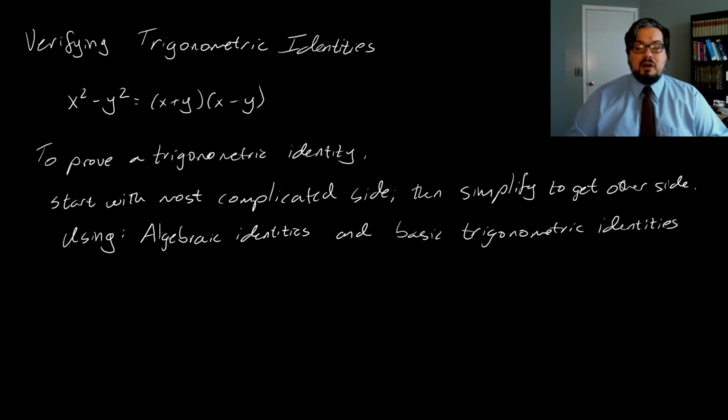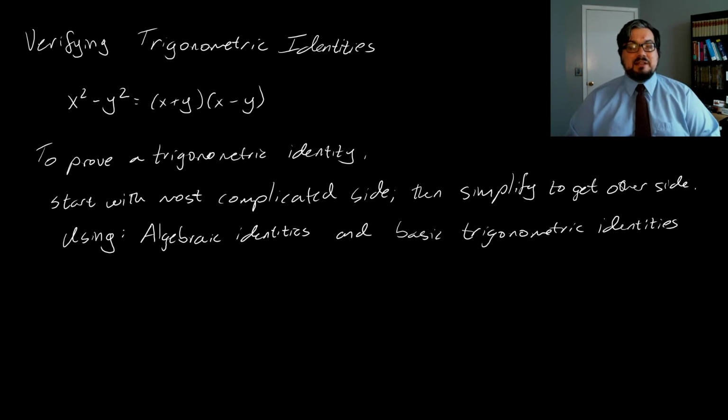Now, there are two kinds of basic trigonometric identities that we have seen so far that we're going to use, although we are going to see some other ones as we move forward in the course.